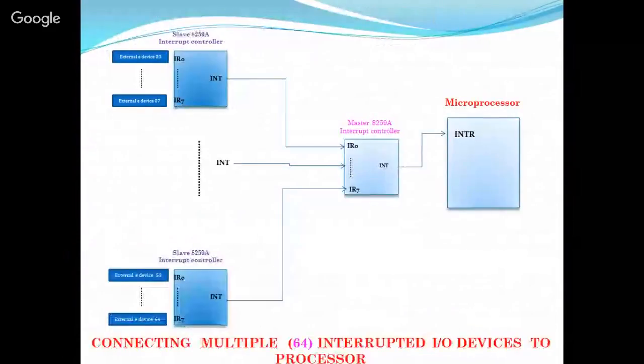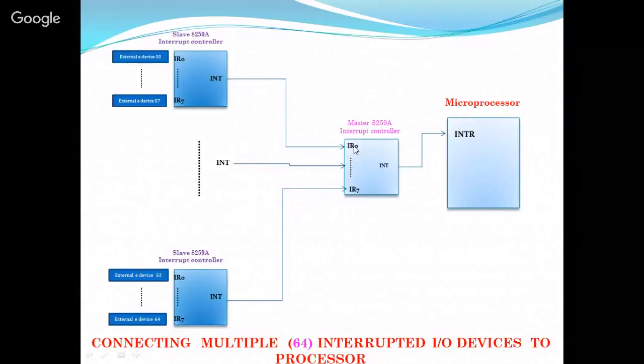Next is the cascade operation of the microprocessor. This is the master 8259 which is connected with the microprocessor, either 8085 or 8086, and the INT pin of the 8259 is connected with the INTR pin of the 8085 or 8086.